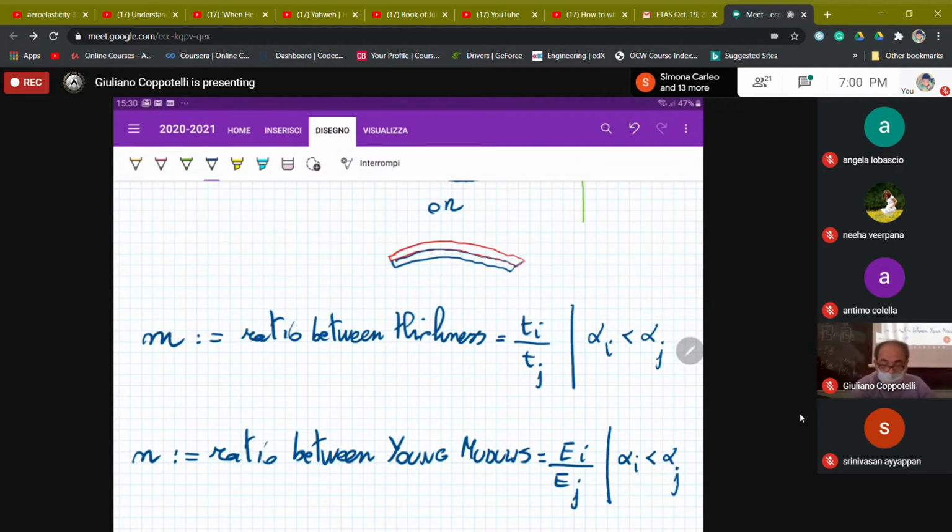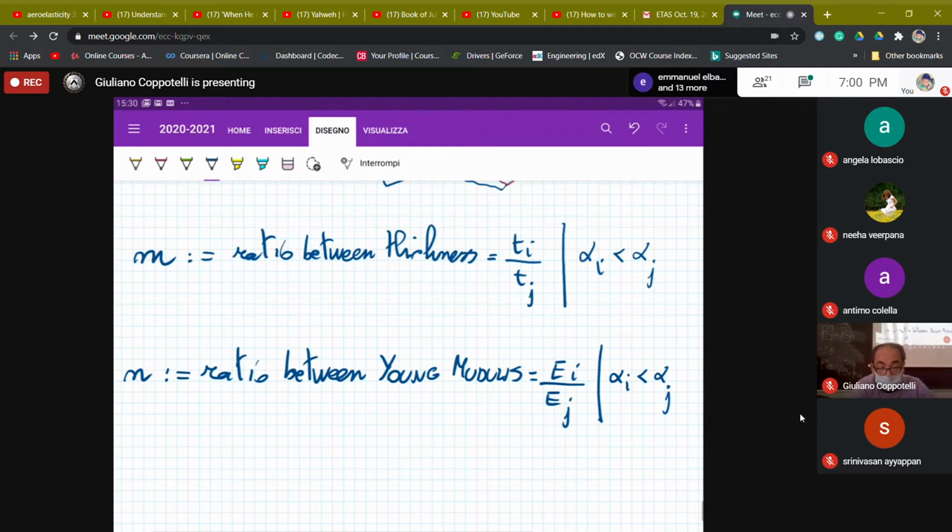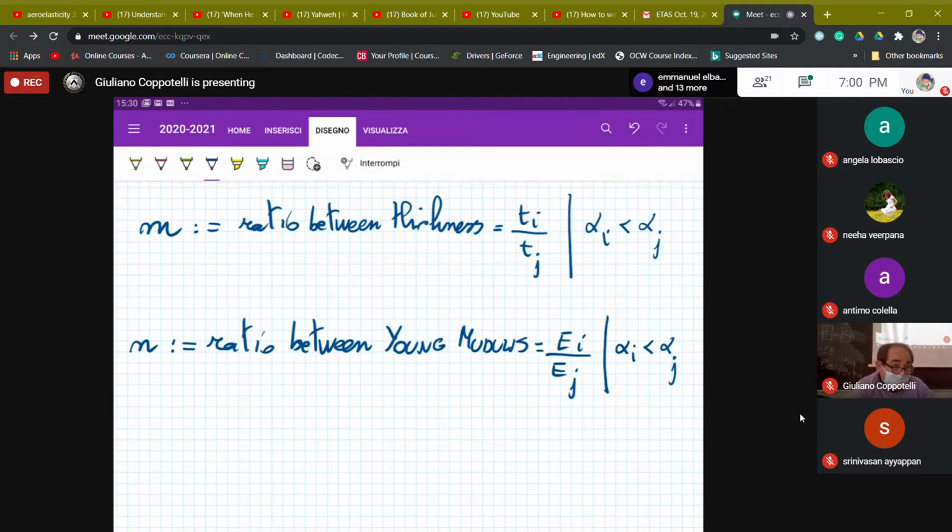Sorry for that. So you have material i, material j. If the material i is such that the linear thermal expansion is less than material j, then you have to take this ratio of the thicknesses and of the Young modulus in order to have the parameters M and N.